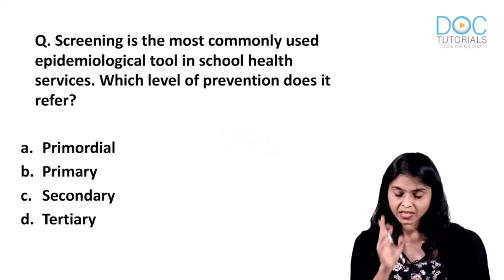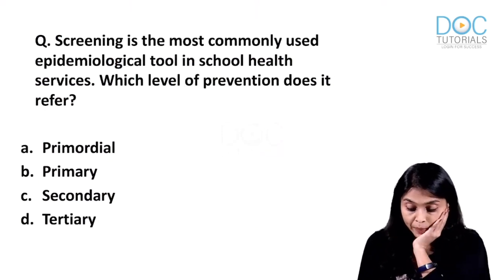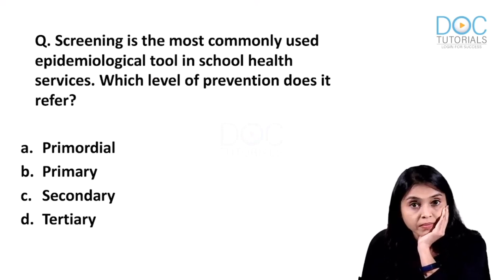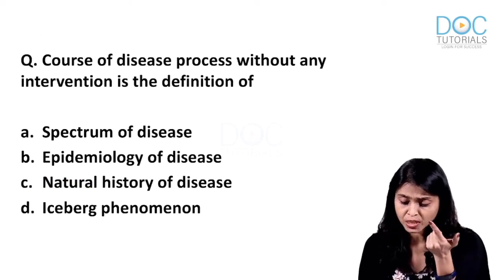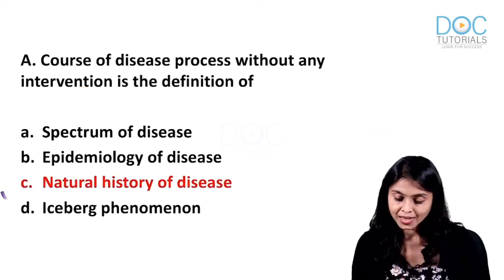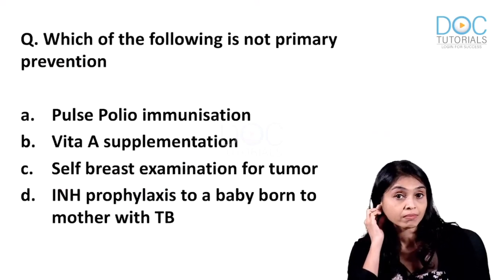A question which is commonly asked from levels. Screening is the most commonly used epidemiological tool in school health services. Which level of prevention does it refer to? Screening is secondary, right? Course of disease, process without any intervention, is the natural history of a disease. Which of the following is not a primary prevention?